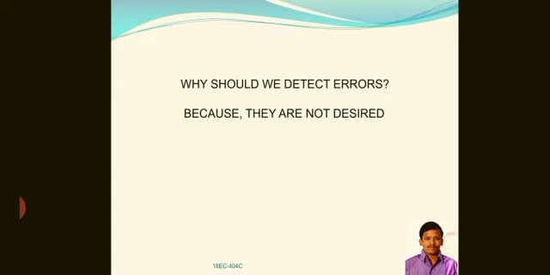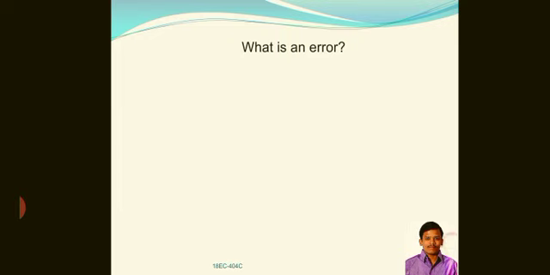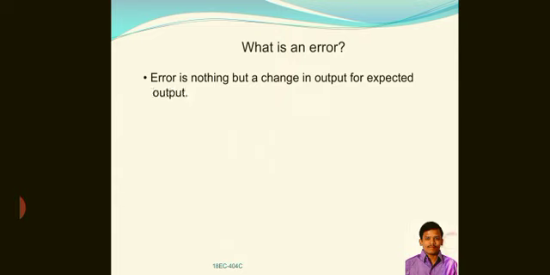First we have to see why we should detect errors. Even if errors occur, we should be able to find them, because errors are not rare. A simple definition: error is nothing but a change in output from the expected output.